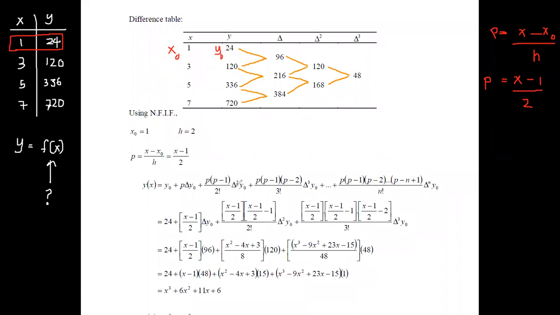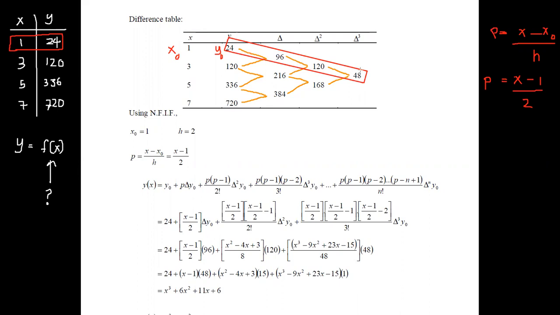When we are obtaining these differencing values, the values which appear in this section have to be identified as the difference values. Here, this is the value of y naught we are considering, and delta y naught is 96, and delta squared y naught is 120.